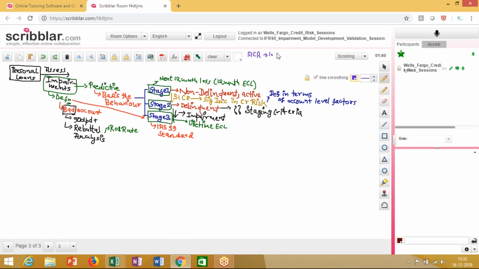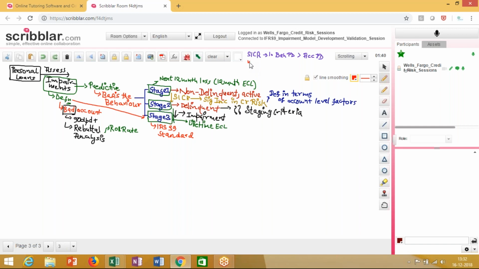So if the behavioral PD is greater than the acquisition PD. So at the point of time when I was acquiring the borrower, I had a certain probability of default, because when the borrower was being hired, what could have been the dependent variable? So I'll just put a very simple thing.